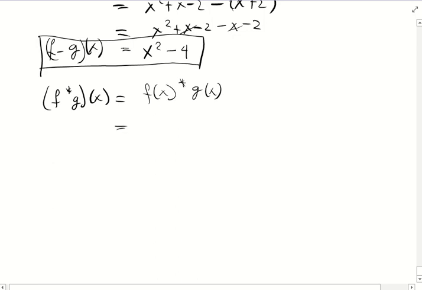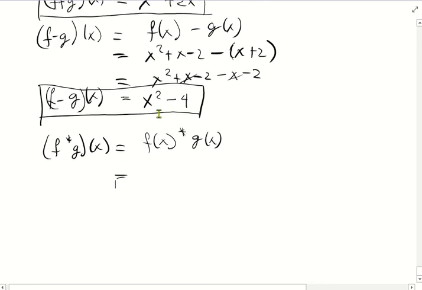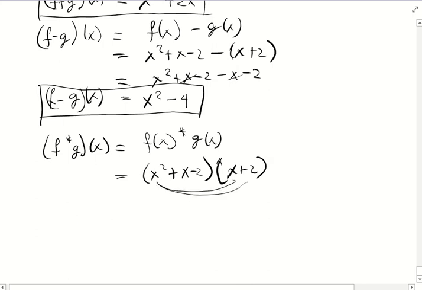Our f of x again is x squared plus x minus 2. Remember to put quantity here. You need to include all the parts of that function. You multiply it with g of x, x plus 2. Then how do you multiply? You can multiply just like that, and so on.